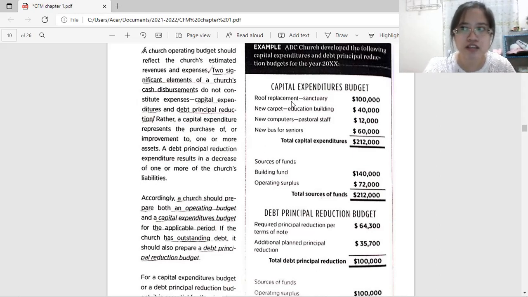And when we say fixed assets, examples of these are buildings, land, vehicles, office equipment, furniture and fixtures, any asset or property which would be usable for a number of years, more than 1 year, right?